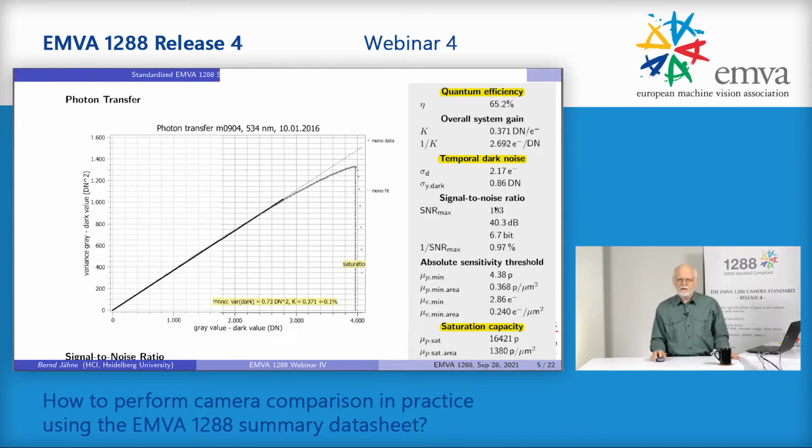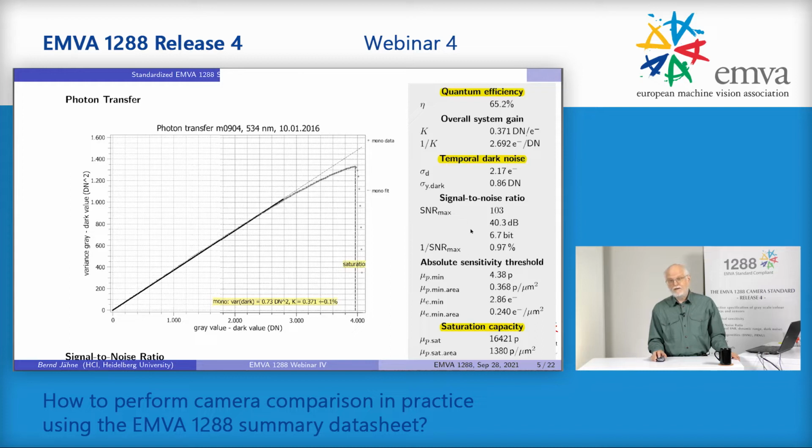This is actually the log to the base 2 of 100, which is about 6.7 bit here. So that tells you how much the camera signal is spoiled by noise at the best point in the camera, close to saturation.